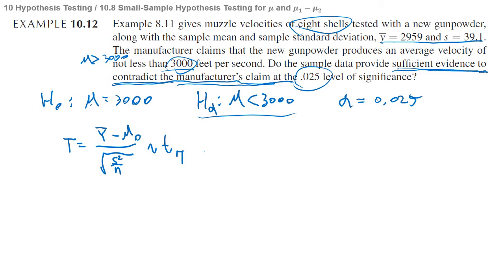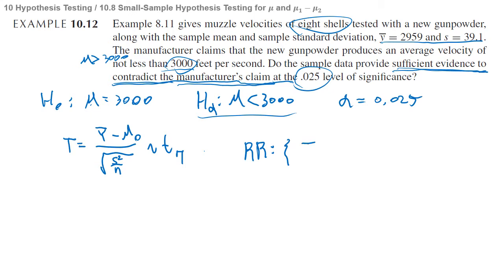In step 3, we should decide the rejection region. If we want evidence for this alternative hypothesis, then the rejection region should be less than some amount.